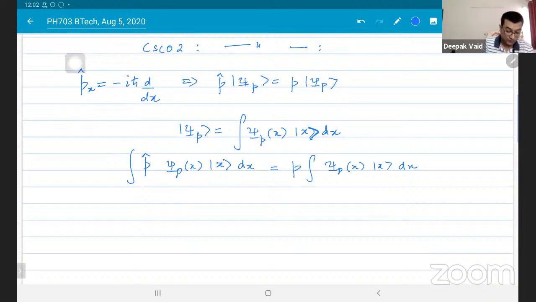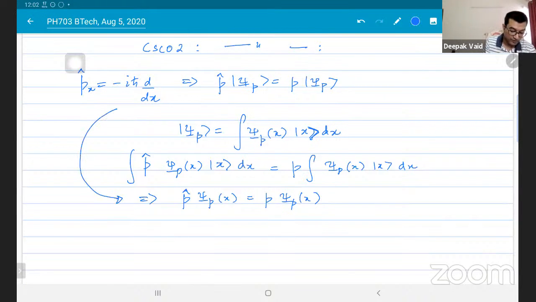So if you equate both sides of this, what do you get? You get this: p acting on psi of p is equal to the eigenvalue p times psi of p. Now, in your normal classes, what would happen is you would just go from here to here.